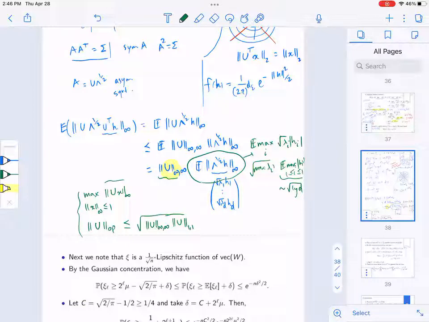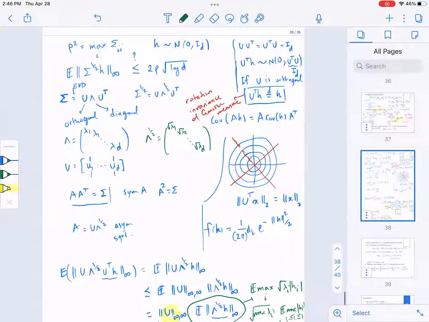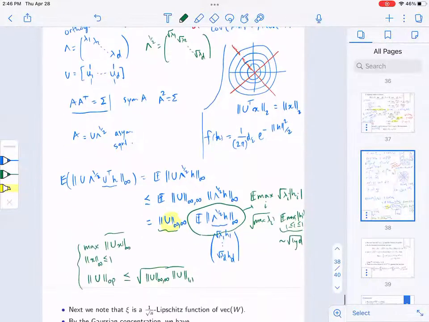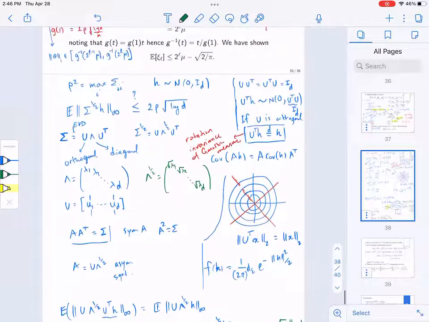But this is problematic. You can backtrack everything and do something else, but the essential idea is that if this was the diagonal case, then this would work. So you have to somehow reduce it to the diagonal case. I'll let you do it as a homework problem.